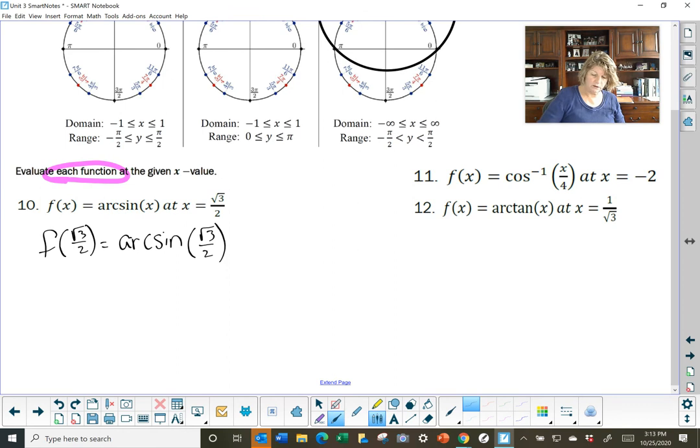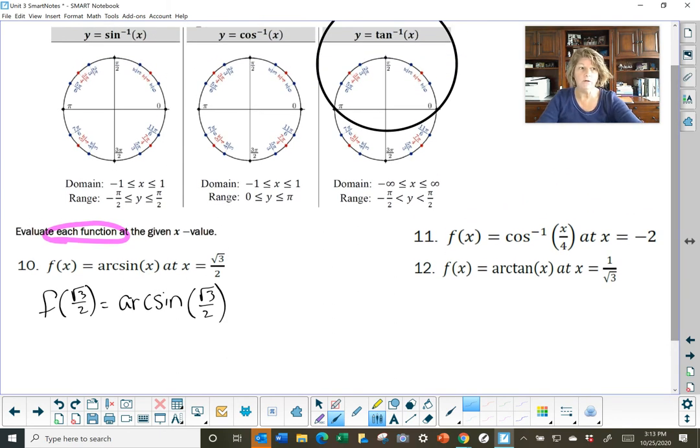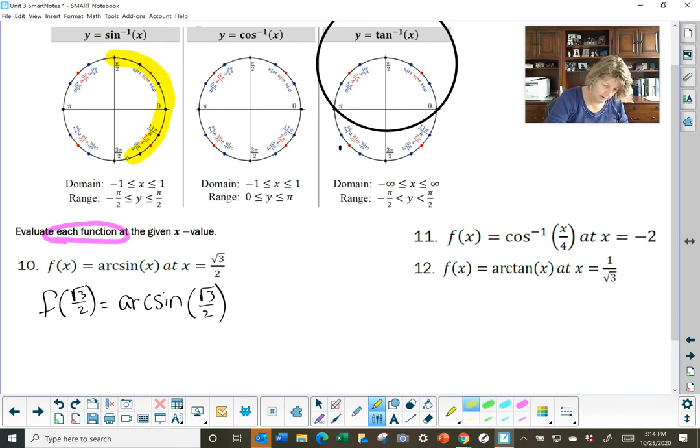So on the unit circle, whose value comes out at root 3 over 2? For sine, I know that I have to stay within those values, right?